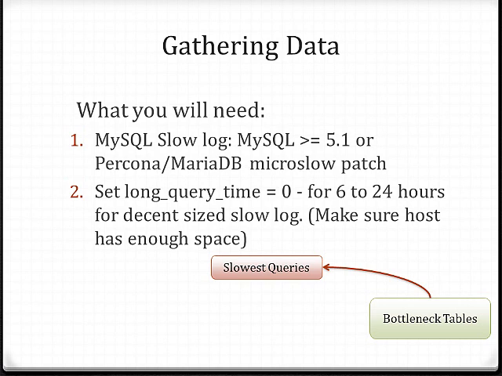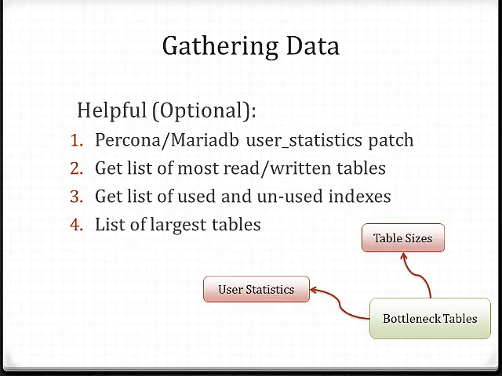So I just use the micro slow with the default data. You get this slow log for 6 to 24 hours. Hopefully it's a good indication. I hope that within 24 hours it covers all the queries, and you won't have some queries that run once a week or once every 3 days and you just miss them. But let's pretend that it covers all the queries.